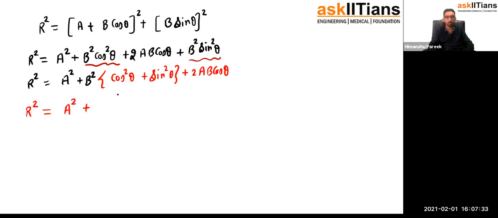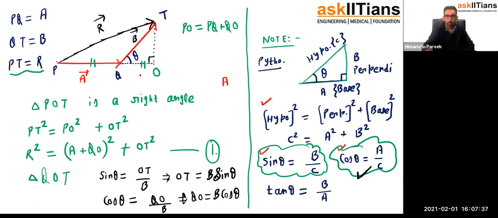So A square. Now, what is cos square theta plus sin square theta? You can easily derive it. Cos square theta means A square by C square, sine square theta, B square by C square. Let me write here simply, though it's an identity also, it is 1 basically.